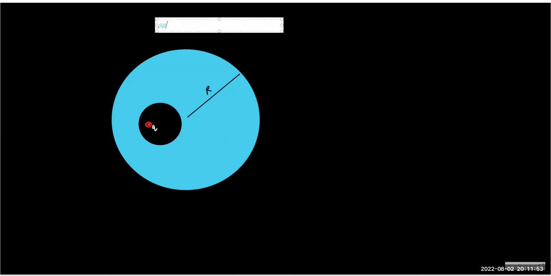I will mention here it is a spherical conductor with spherical cavity. So once you're done with the drawing of the field lines, do let me know.